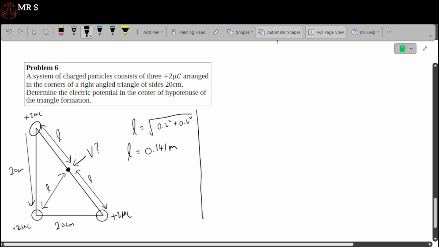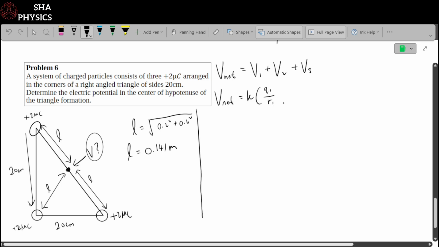So if I were to find the potential at that midpoint, I will have to just add up all the potentials. If I were to find V net, I simply need to add up V1 plus V2 plus V3. So my V net is K times Q1 over R1 plus Q2 over R2 plus Q3 over R3.